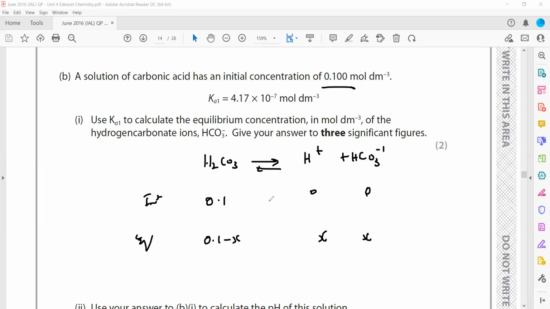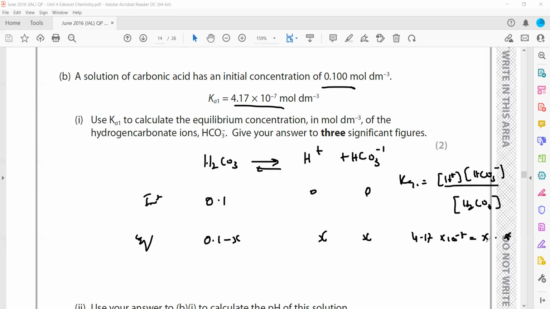So when we write the expression, Ka1 is the product divided by reactant. Ka1 is given, which is 4.17 into 10 to the power minus 7. So this will be x times x, divided by 0.1 minus x.